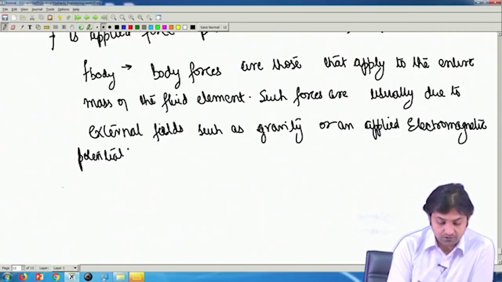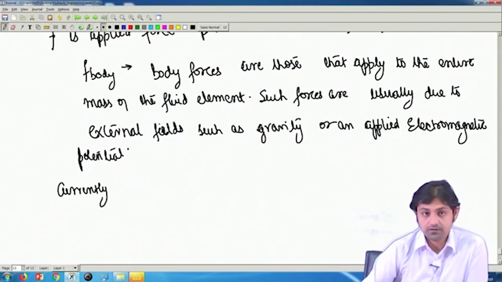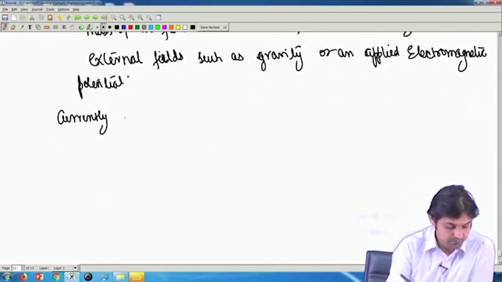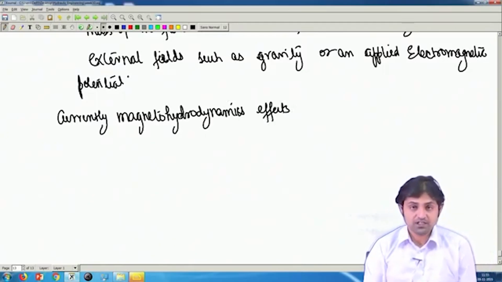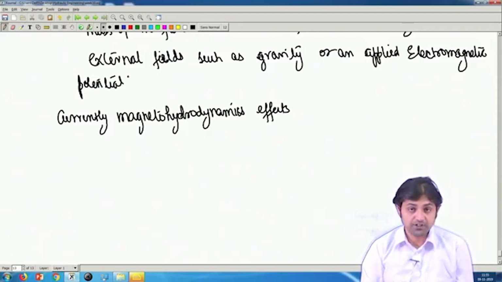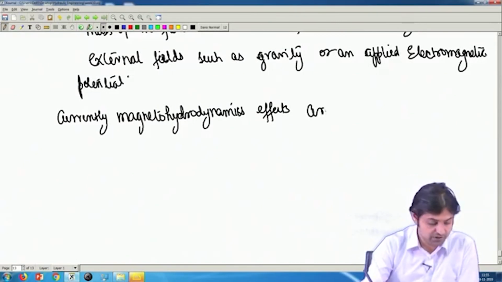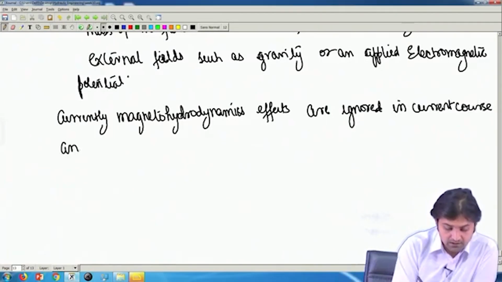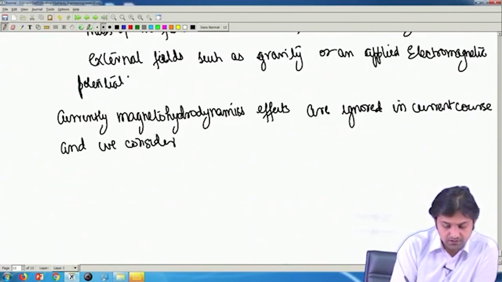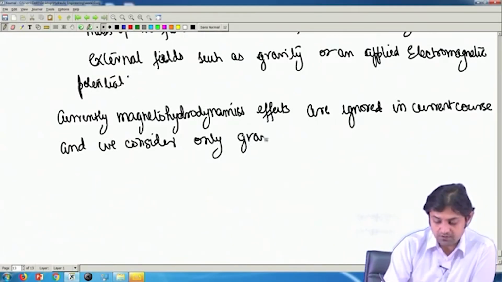Currently, magnetohydrodynamics effects, that is fluid dynamics caused by magnetic force, are ignored in the current module, and we consider only the gravitational body forces.